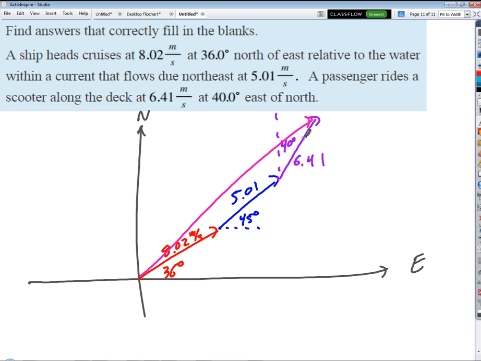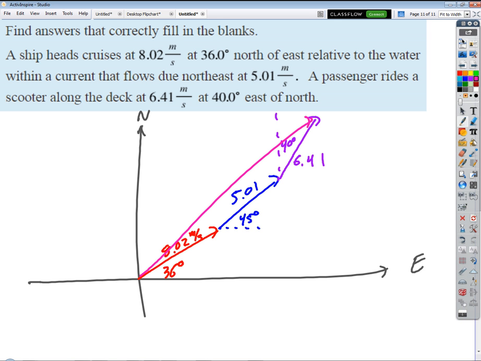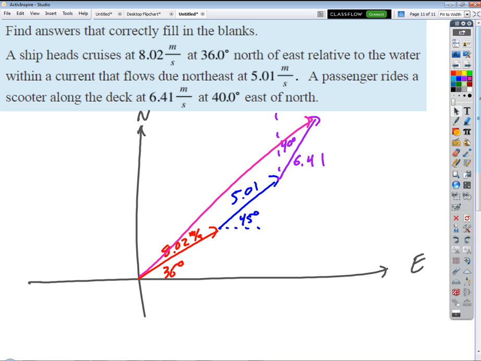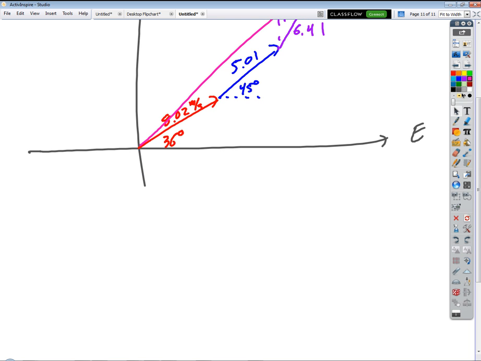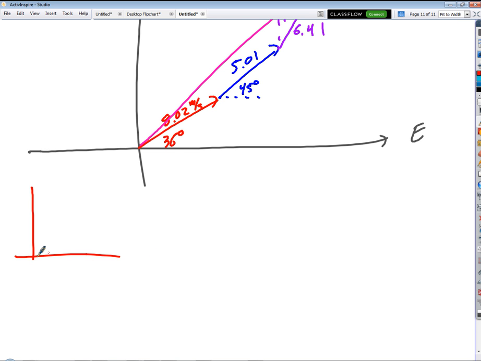So let's take the red one by itself. This one is 8.02 at 36 degrees.